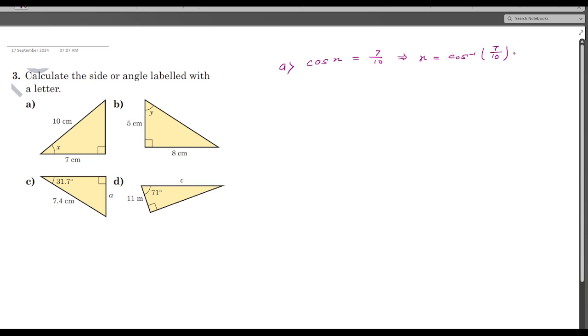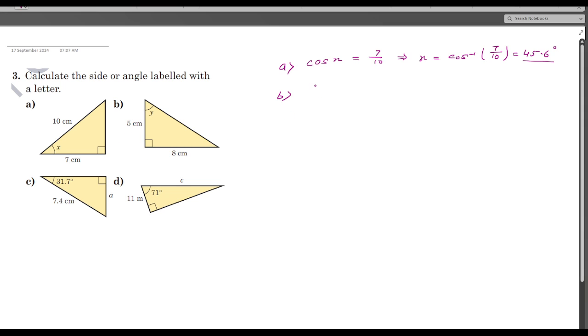Now cos inverse 7 divided by 10, your answer is 45.6 degree. When we are writing an angle, it should be up to one decimal place if accuracy level is not mentioned.